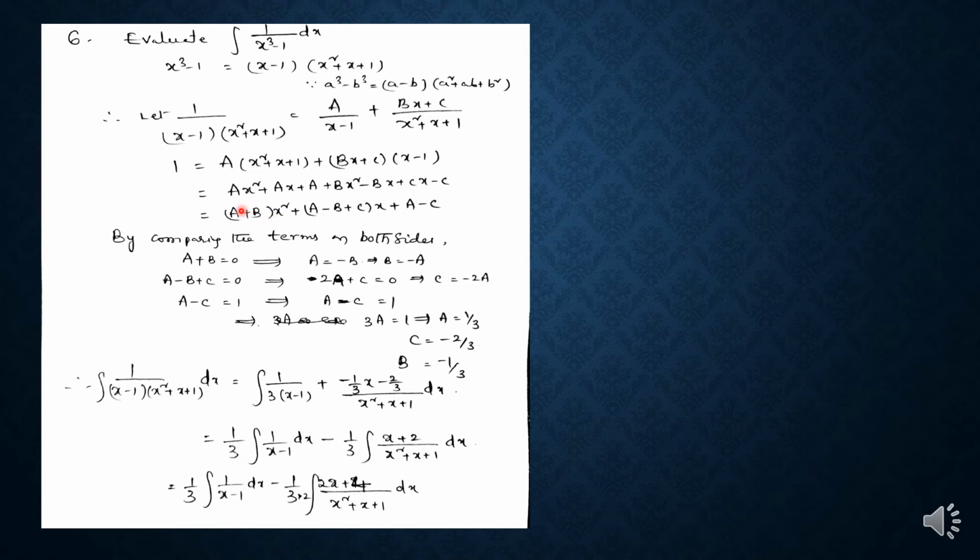Now writing the x square terms together, we will get ax square plus bx square, which can be written as a plus b into x square, plus the x terms ax minus bx plus cx, a minus b plus c into x, plus a minus c.